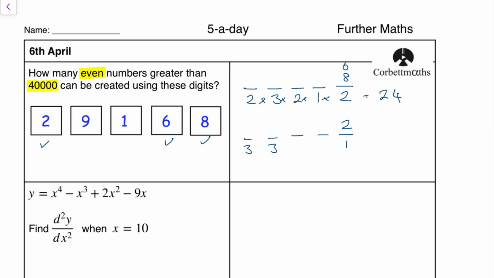I still have 3 left to choose from here, 2 here and 1 here. So the number of options here is 3 times 3 is 9, times 2 is 18. Now I can do this one or this one, so I'm going to add them together. 24 plus 18 gives me 42. And that is my answer to the first question: 42, good question.